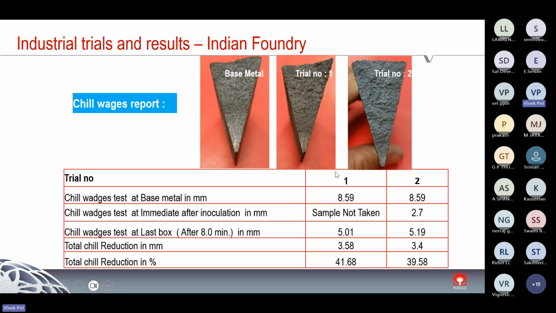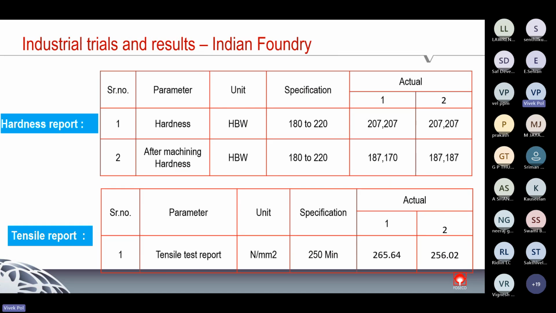So the reduction in chill with 50% lesser addition gave the same results, slightly better, close to 40% reduction in chill. And then other parameters like hardness, as cast and after machining, were also similar.